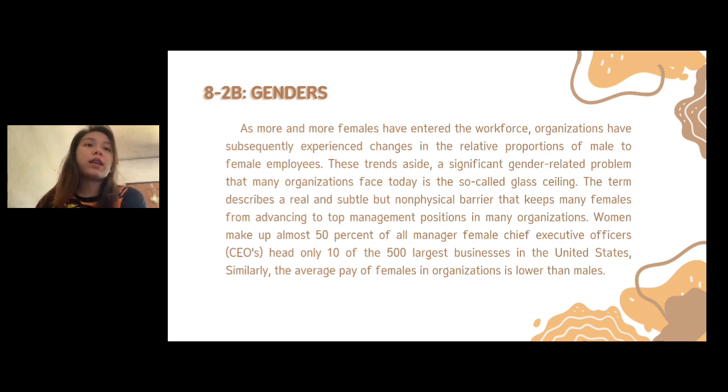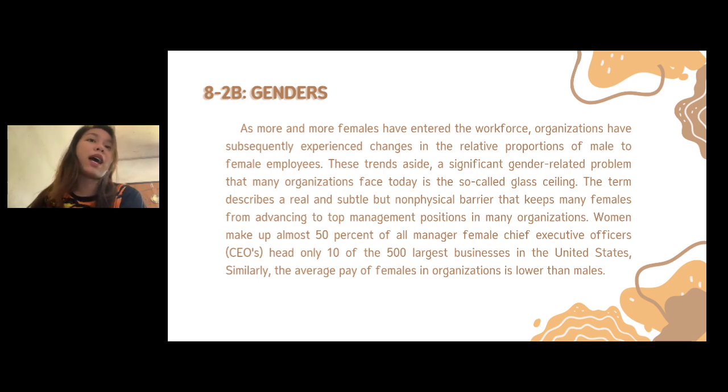Ayon sa data ng census noong 2010, ang mga babae ay umabot sa 47.9% ng workforce and tumaas siya from 45.2% noong 1990.